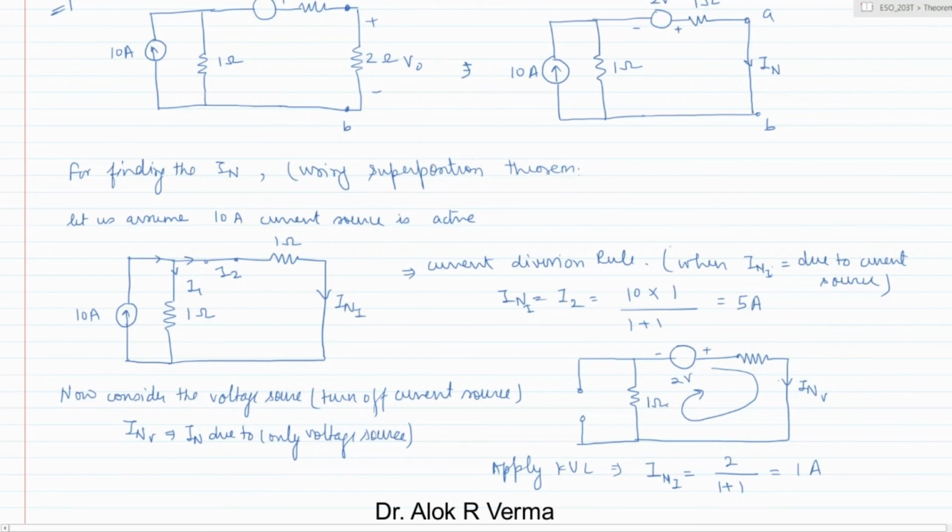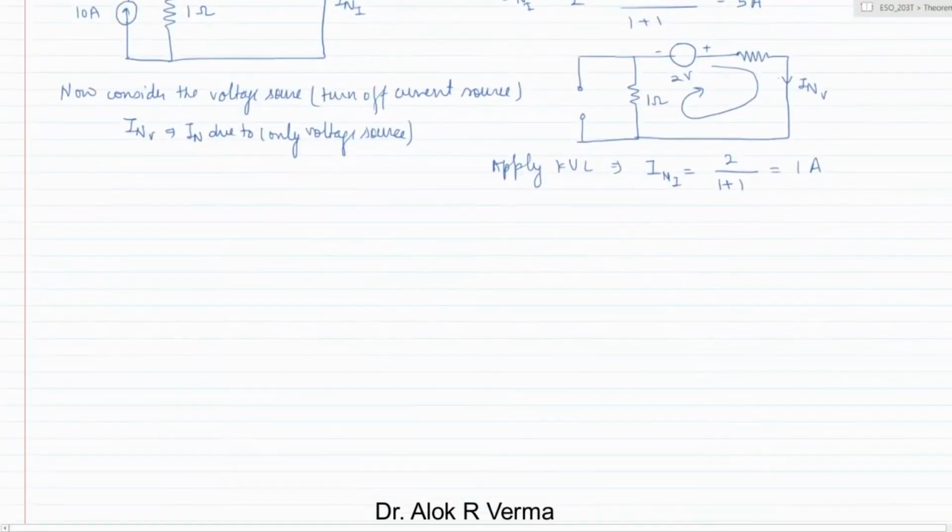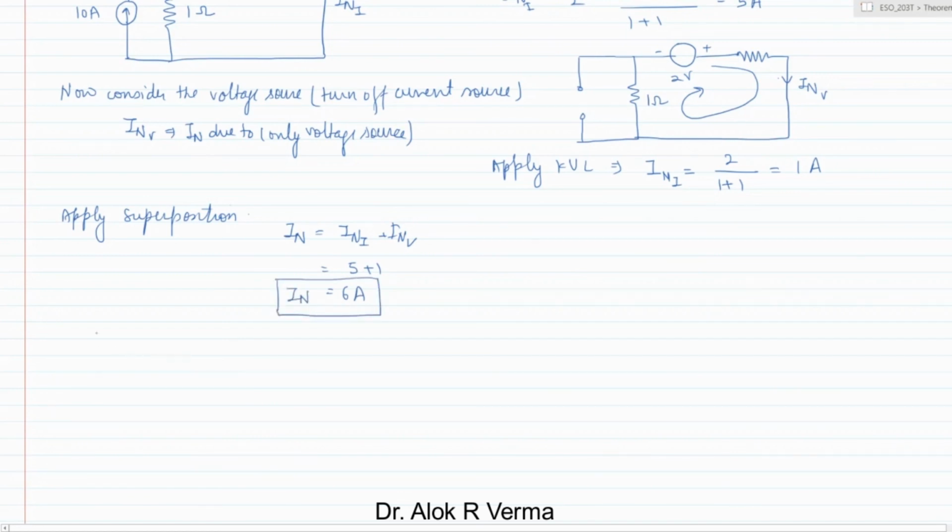Now applying superposition, IN is INI plus INV, due to the current source and the voltage source, which is 5 plus 1, a total of 6 ampere. IN is 6 ampere.